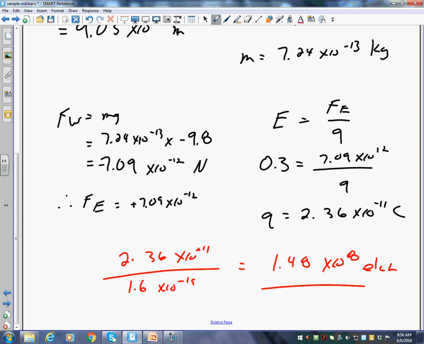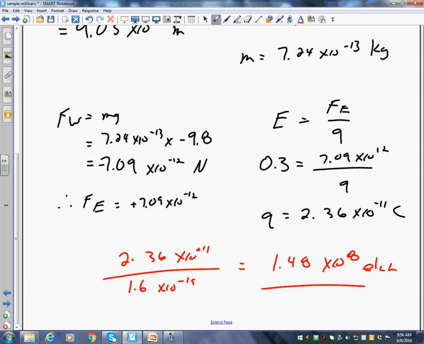And then you go 12. Okay, so that's how we got it. 7.09 times 10 to the 12. And then we're going to divide by 0.3. Okay, so your answer is 2.36 times 10 to the 12.